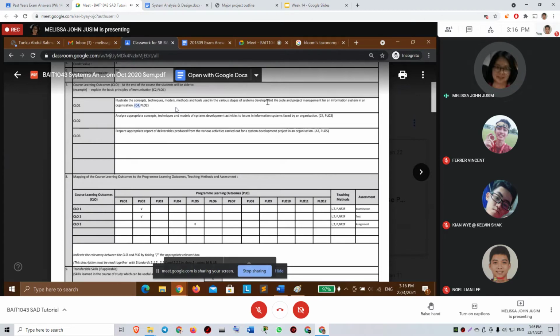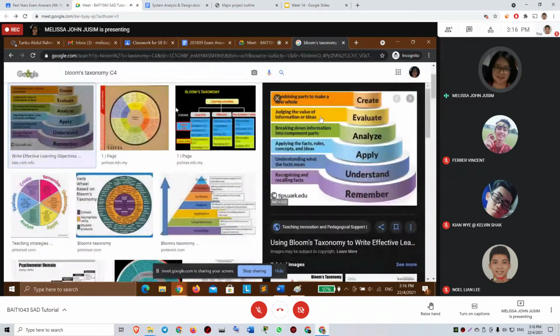We learned decision trees and decision tables. All of those can go up to C3 and C4. See whether you can analyze the whole thing and come up with your own answer. So I want you to really pay attention in the revision and make sure you understand, because it's no longer C1 and C2, it is up to C4 level.